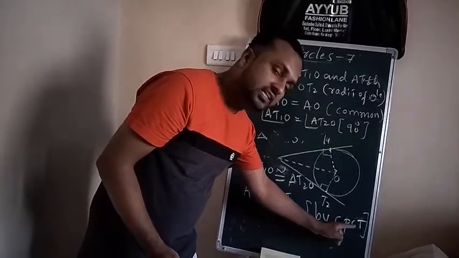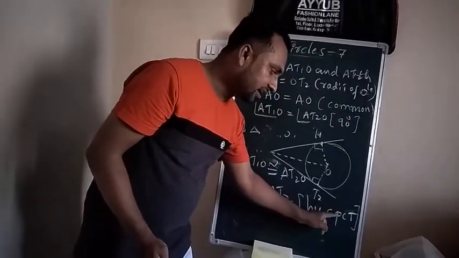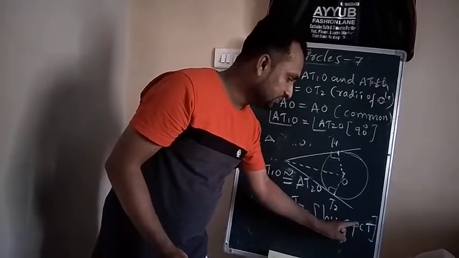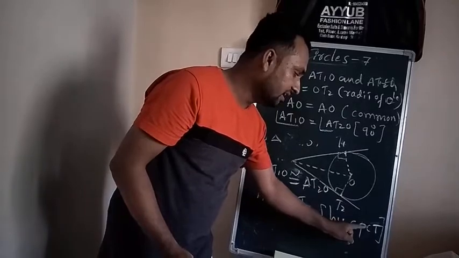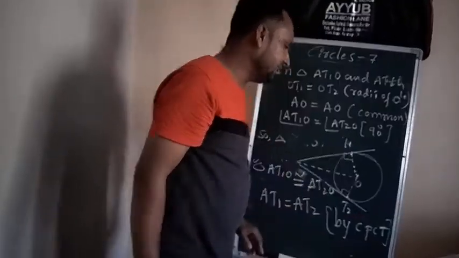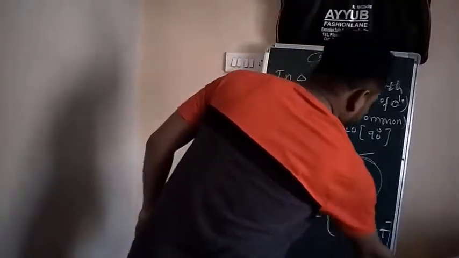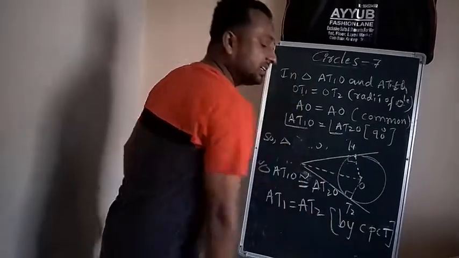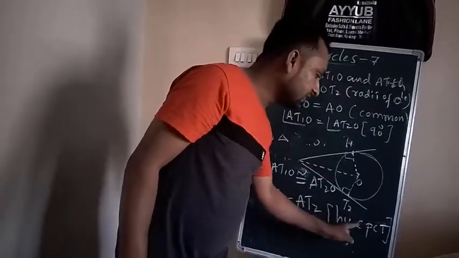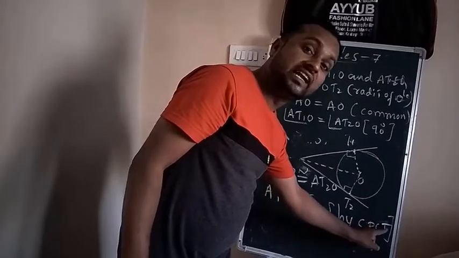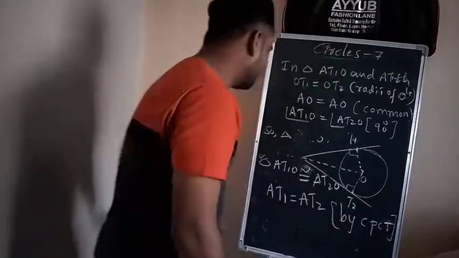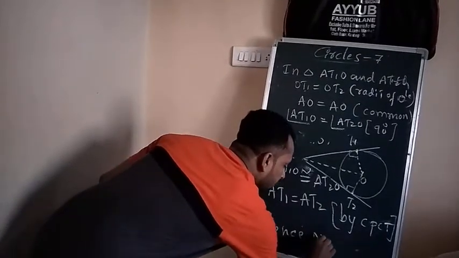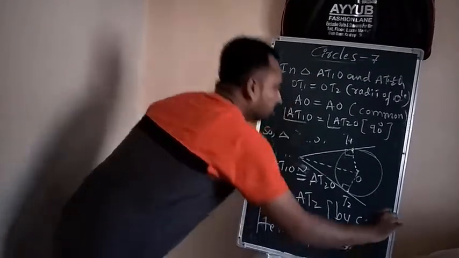What is CPCT here? Corresponding parts of congruent triangles. Not congruent here: corresponding parts of congruent triangles. So hence, what can you say? Hence proved.